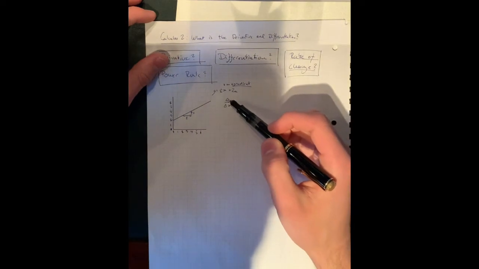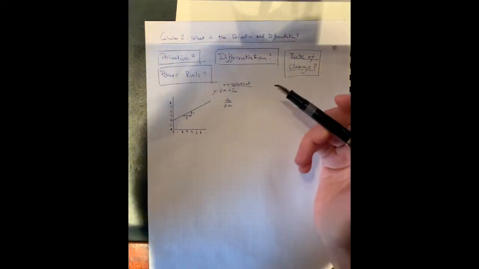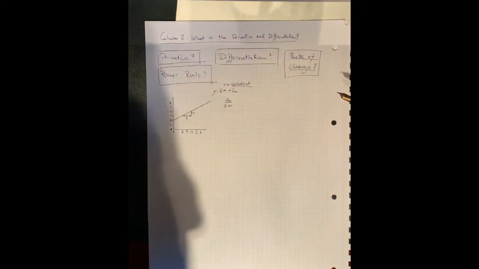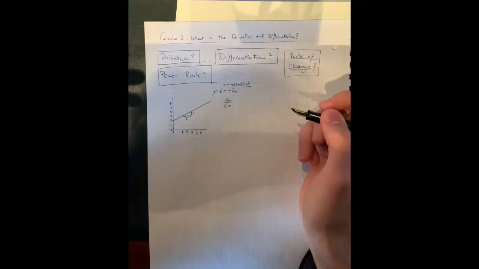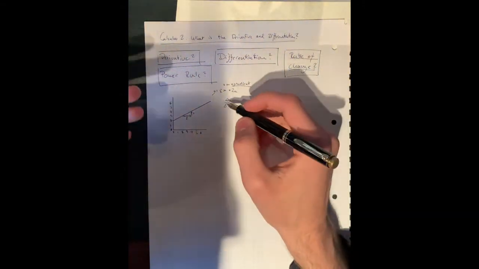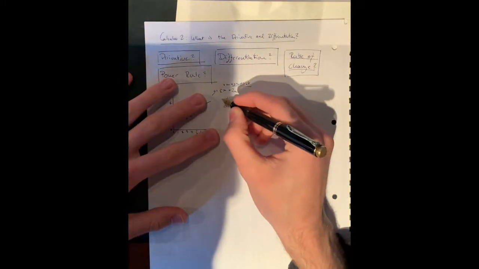It is the change in y over the change in x, or their ratios, or however you would like to call it. And the gradient is also called a slope, and we can begin to link it to the idea of rate of change. What do I mean by that?